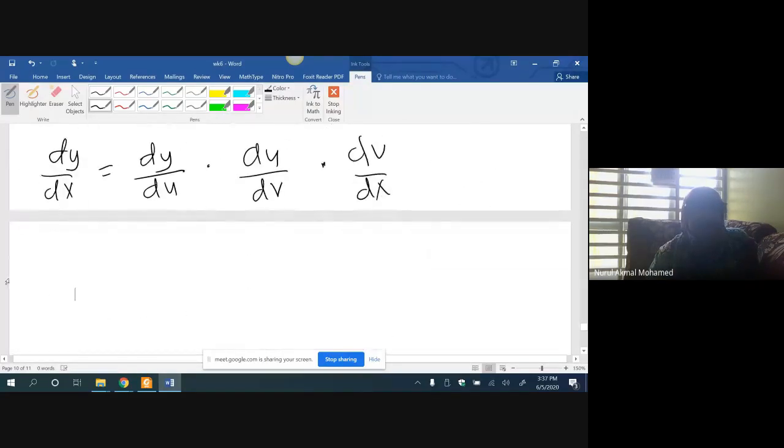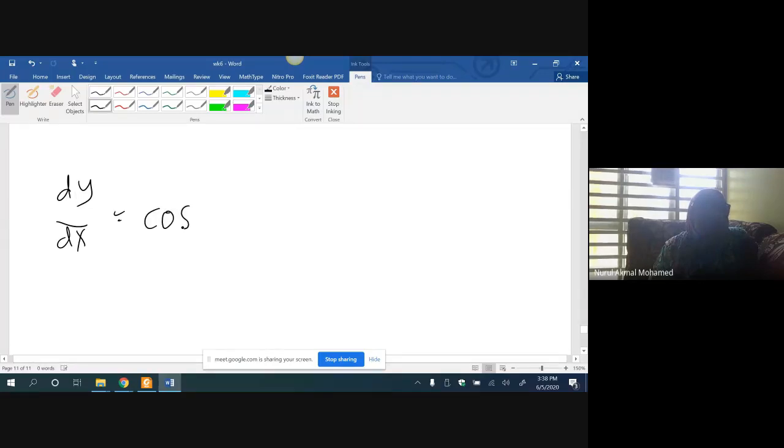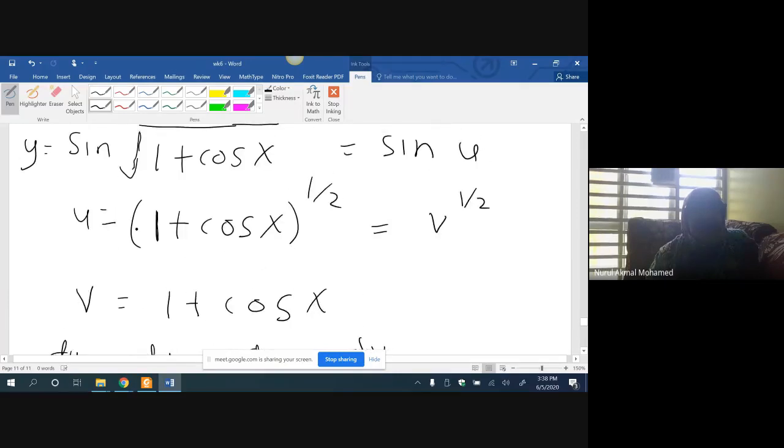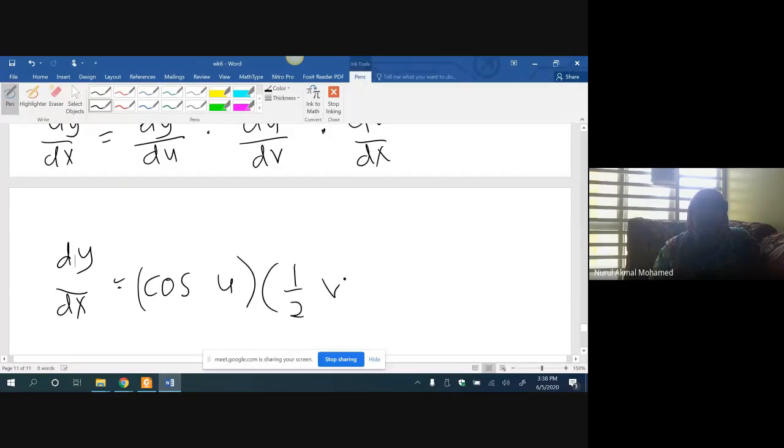So dy dx is equal to dy du. In this case, you differentiate y with respect to u and get cos u. And then you have du dv. Your u is equal to v to the power of 1/2, so to differentiate u with respect to v, you use the power rule. It will give you 1/2 v to the power of negative 1/2.